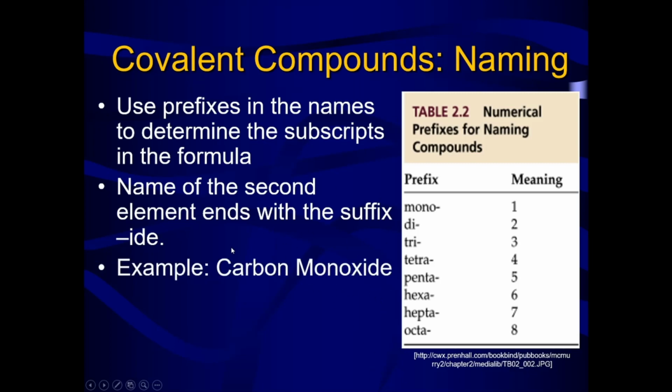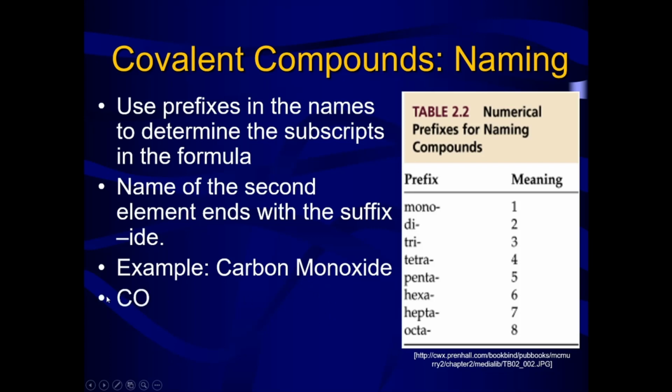Okay, so here we have an example: carbon monoxide. Carbon refers to just the element carbon, and then monoxide. So we just combined it so that it's monoxide. That means one oxygen because mono means one. So with monoxide, we're going to add that prefix to the beginning of the second element.